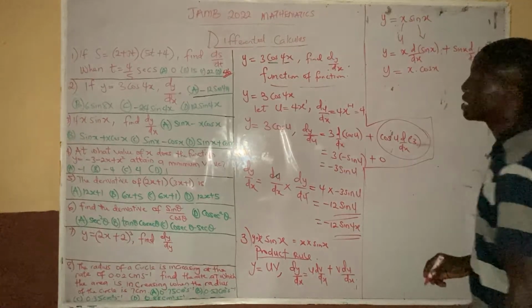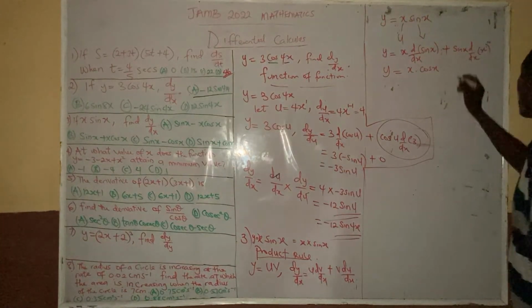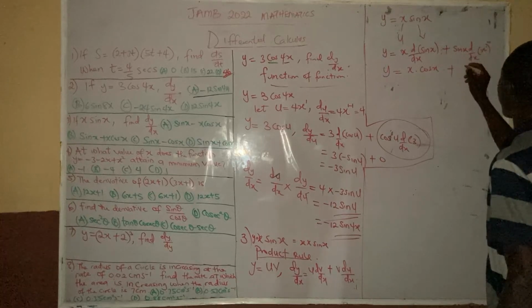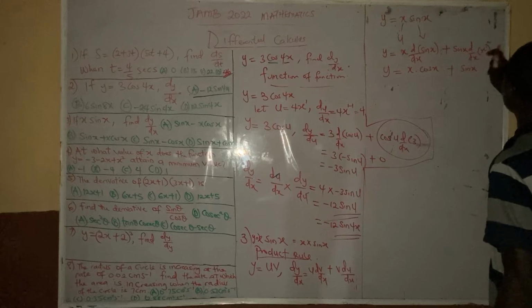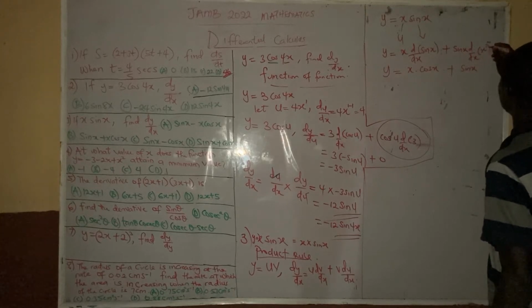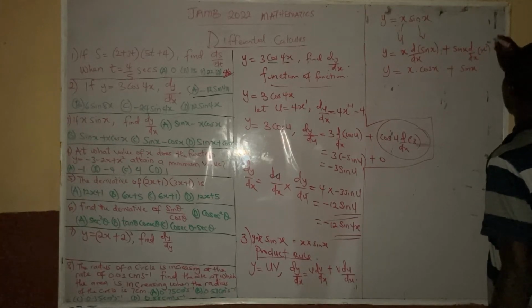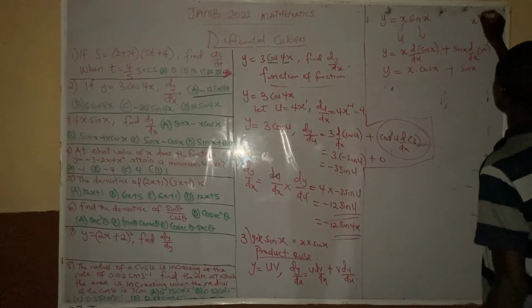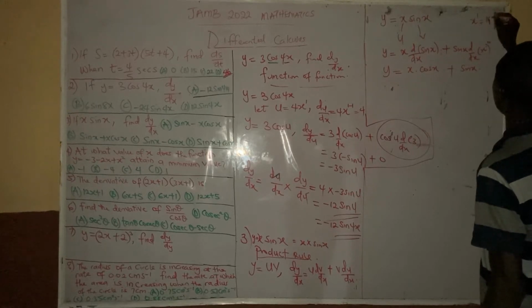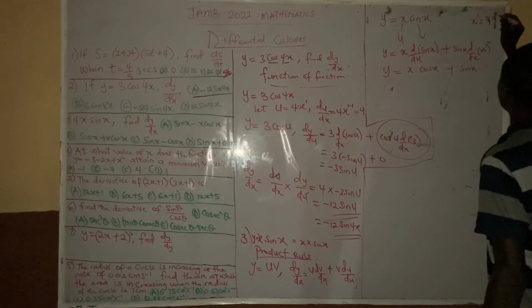When I use dot, it means multiplication. Plus sine x dot, now differential of x. It means 1 times x to the power 1 minus 1.